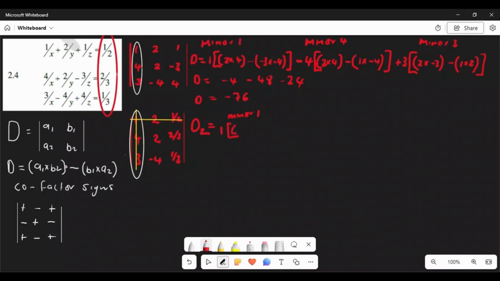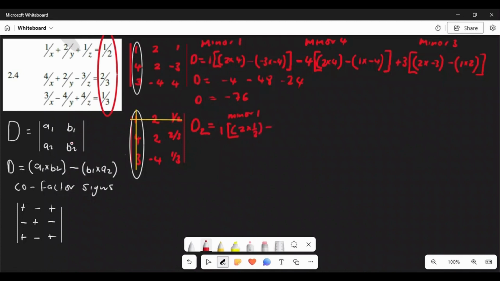Then we multiply by the determinant of this. Our determinant is going to be a1 multiplied by b2, not b1. It's going to be 2 multiplied by 1/3. There we go.